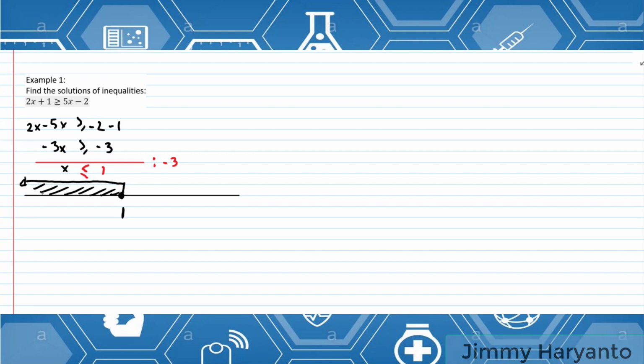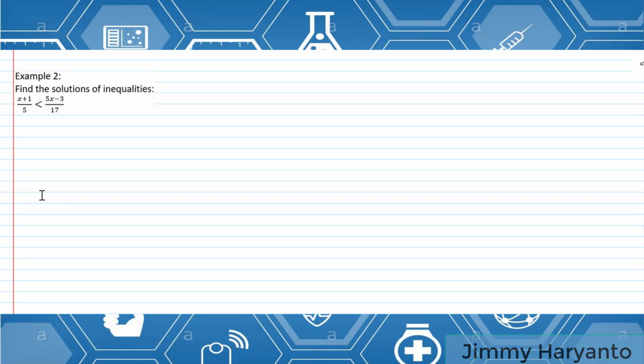Okay, next is example 2. I have this question. So we have fractions now. To eliminate the denominator, we have to multiply them all by 85. Why 85?